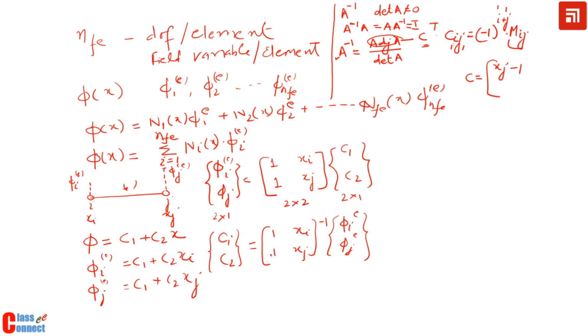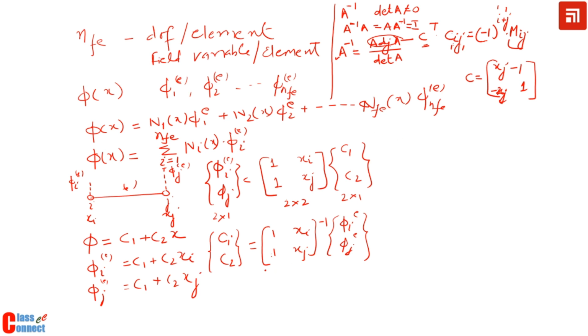Then it is xi, again minus because i is 2 and j is 1, so it is minus xi, and then it is 1 similarly.